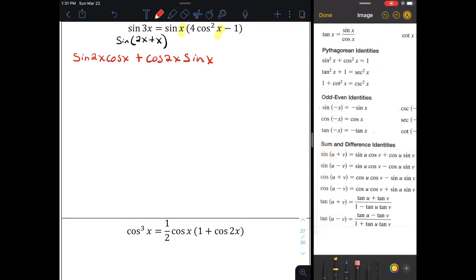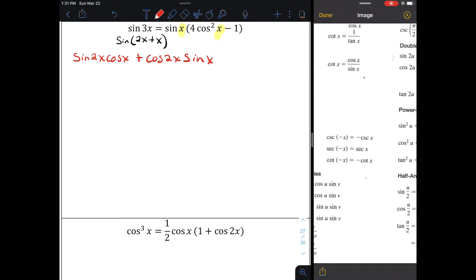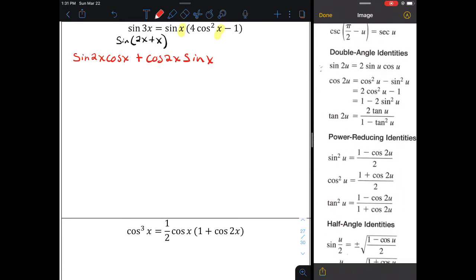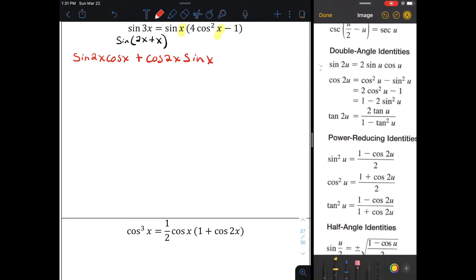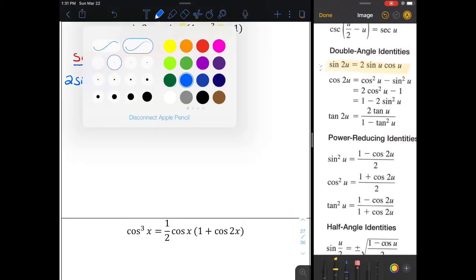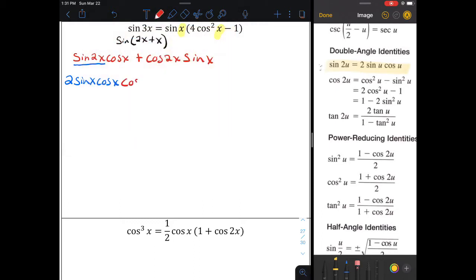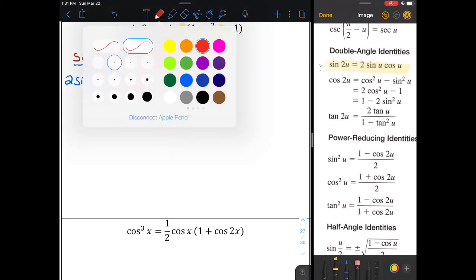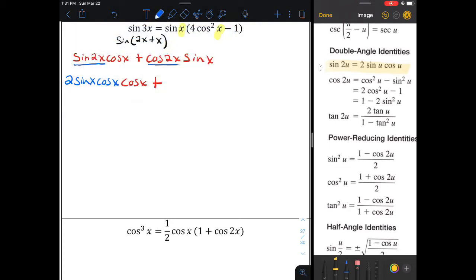So let's go back to our double angle formulas, and we'll figure out which ones to use from there. Well, we only have one option for sine of the double angle. Sine of a double angle is 2 times sine x cosine x. So I have 2 times sine x cosine x, and I still have times that cosine x there, plus, now I have to do something with the cosine of 2x, and we have to play that game of which one do I want to use.